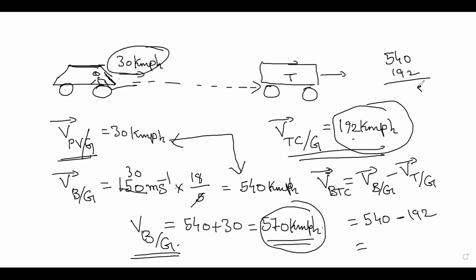So 10 minus 2, 8. Then 13 minus 9, that is 4. Then 4 minus 1, that is 3. So 378 kmph.